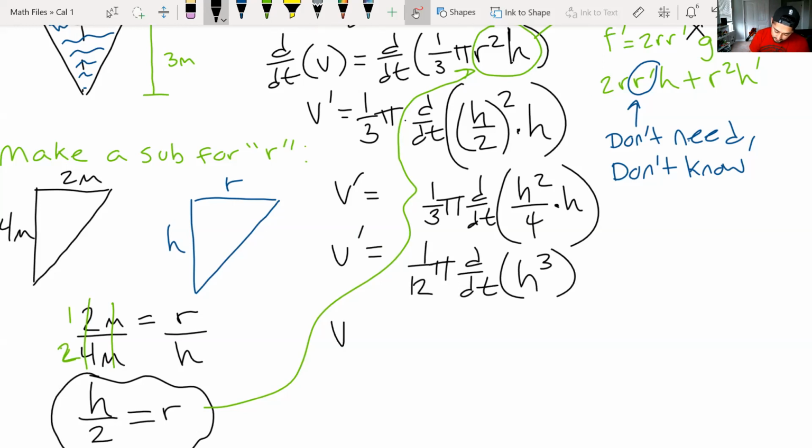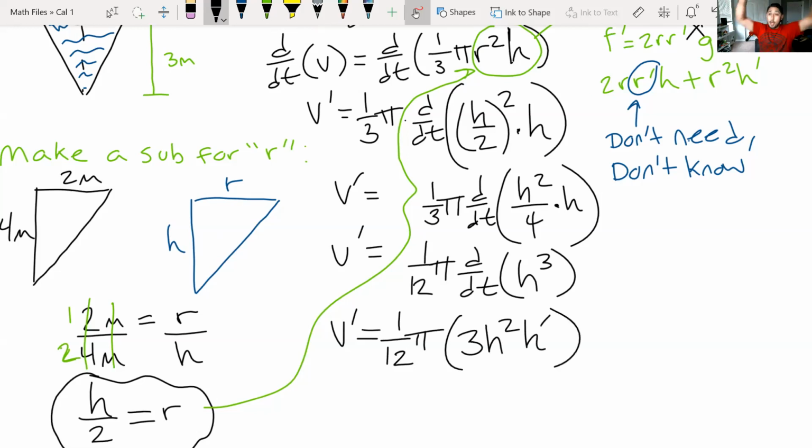So I get v prime equals 1/12 pi times the implicit derivative of h cubed, 3h squared h prime.